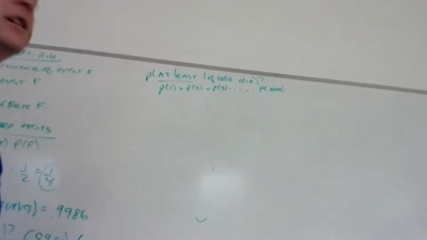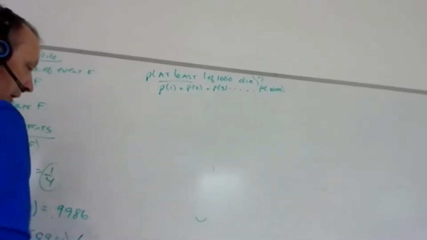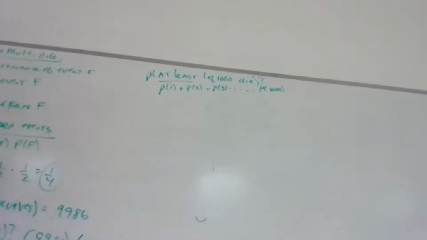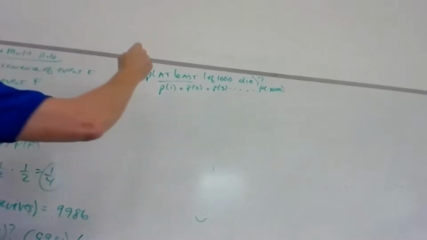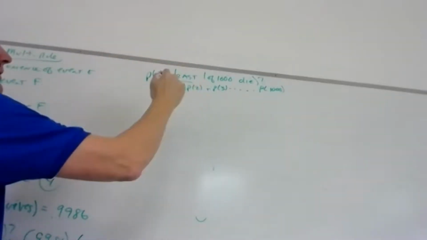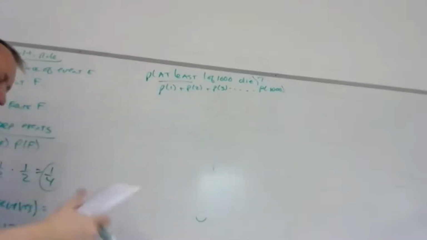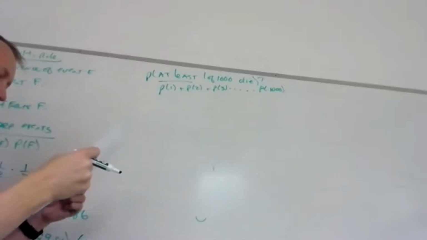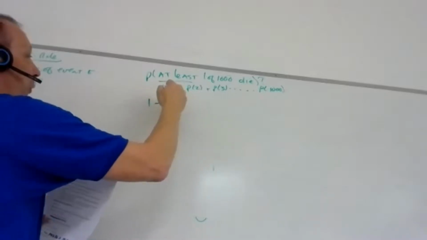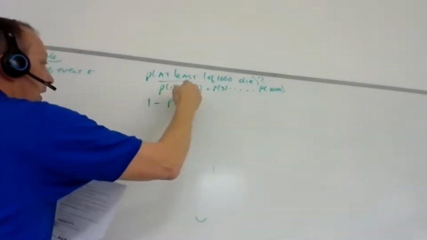How could I do this with the complement rule? Since you've already got 0.9986, you're kind of on the right track. Let's rewrite this. Instead of the probability that at least 1 of 1,000 die, it's the same thing as 1 minus the probability that none die, right?